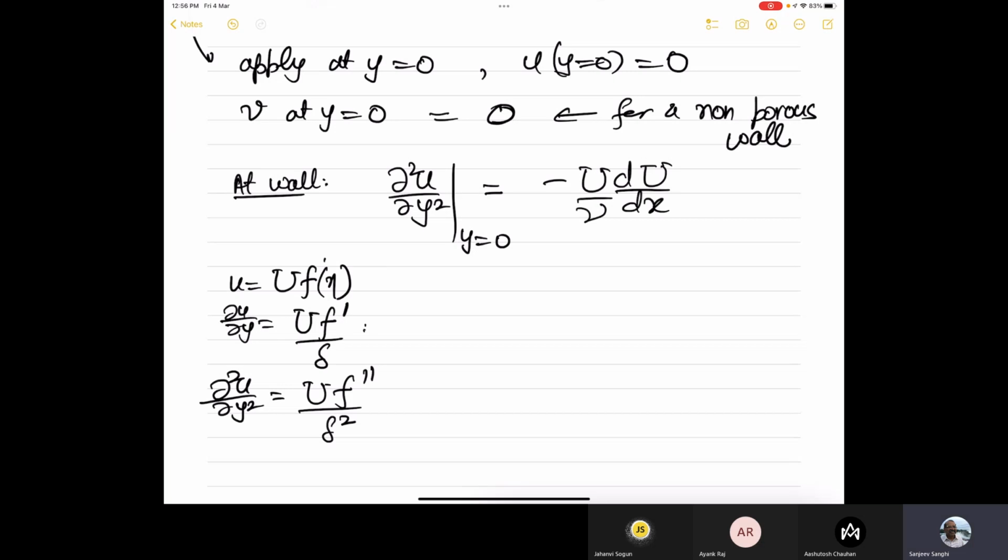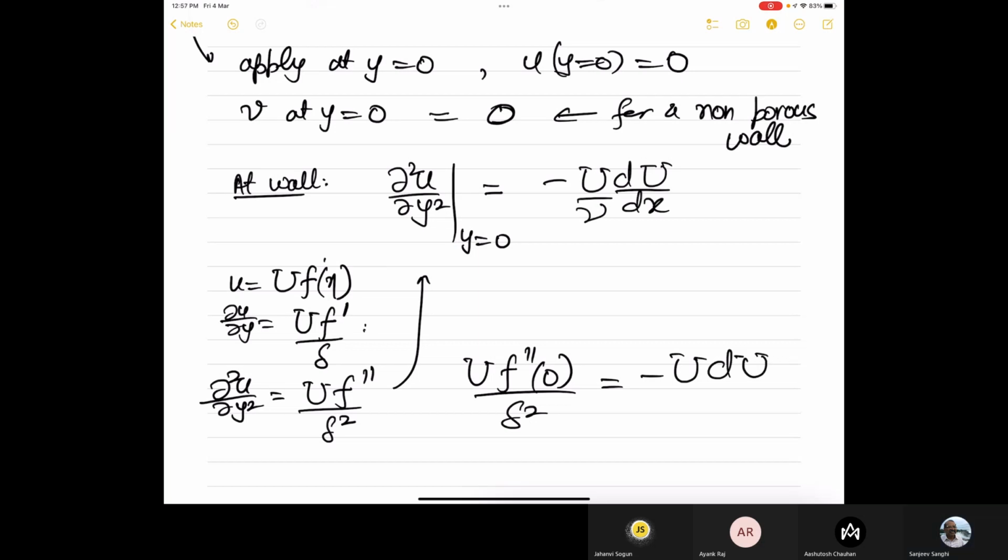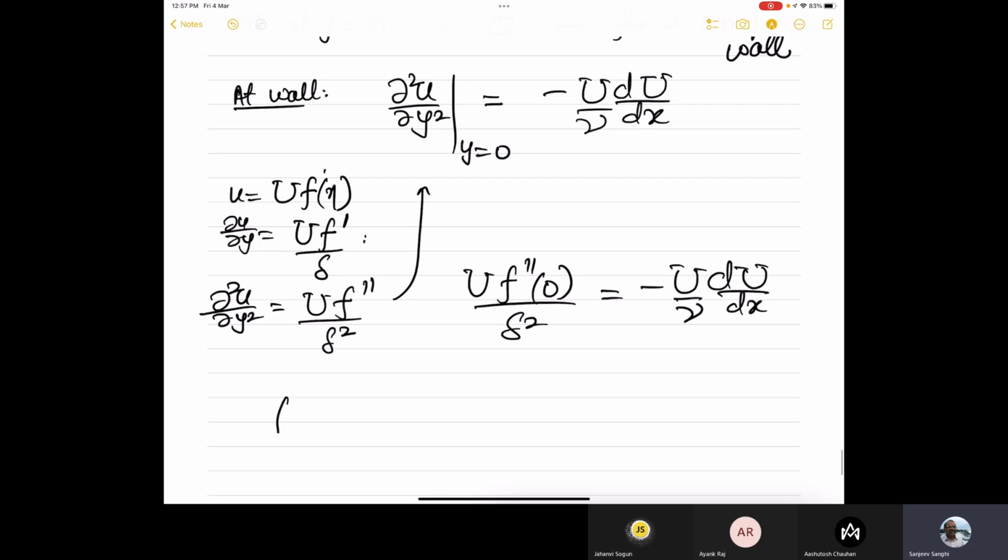So I feed this here. Capital U f double prime 0 upon delta square is equal to minus u du by dx into 1 over nu. And from here, f double prime 0 will be equal to minus delta square upon nu into du by dx.